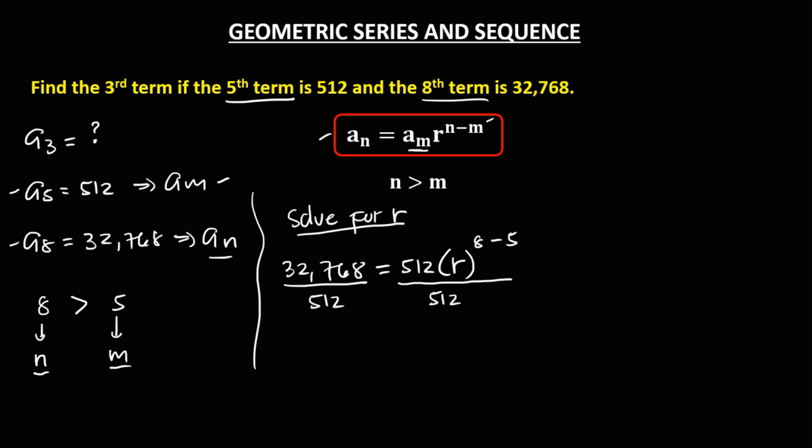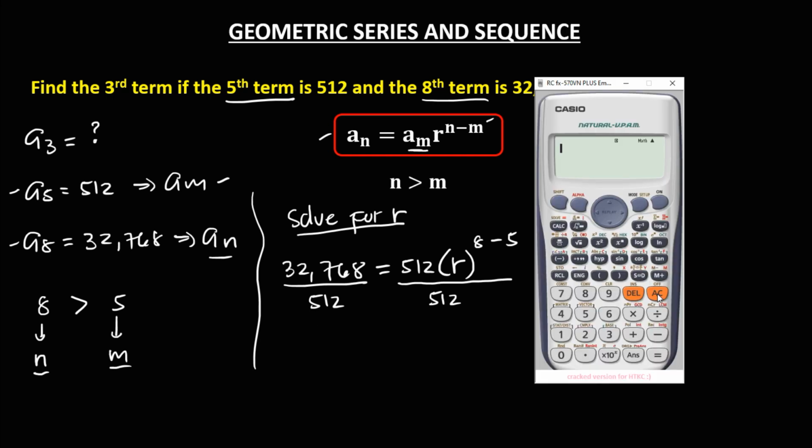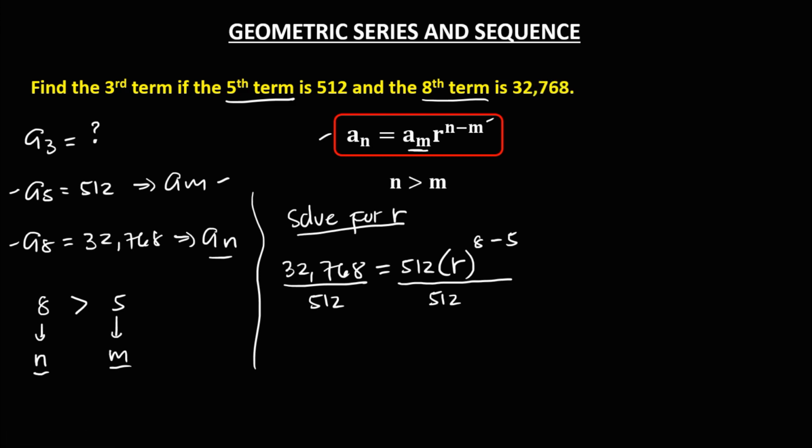So 32,768 divided by 512 equals 64. Cancel this 512, then 64 equals r to the power 3.